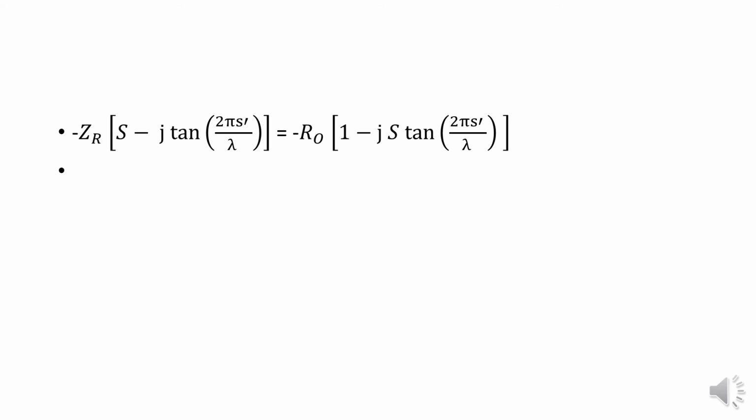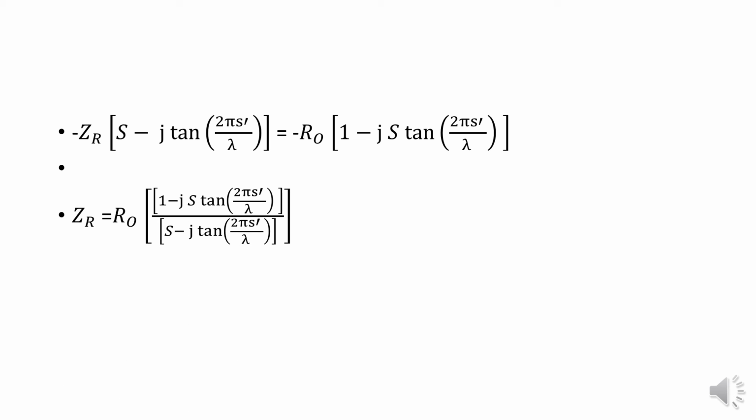Then Zr = R naught into (1 minus j S tan 2 pi S dash divided by lambda) divided by (S minus j tan 2 pi S dash divided by lambda). On the right side and left side of the equation the minus signs cancel out.